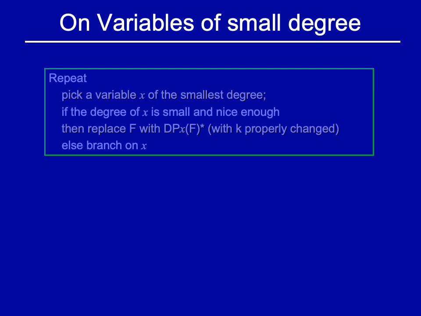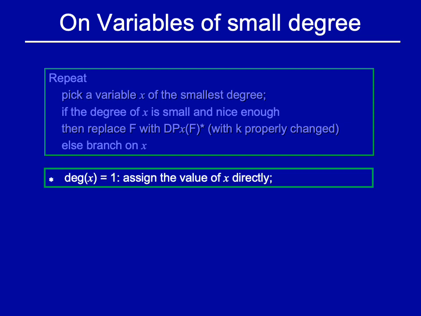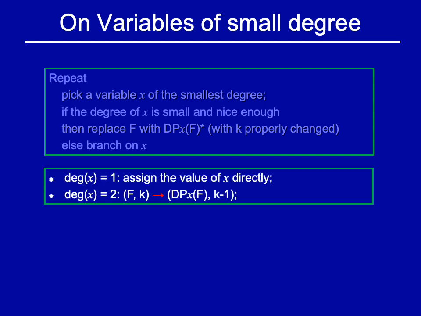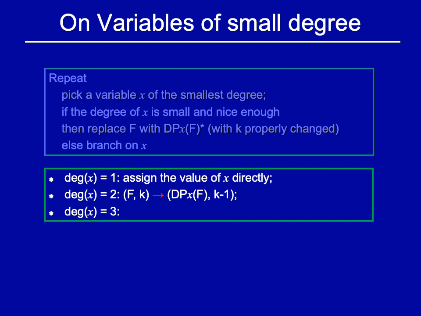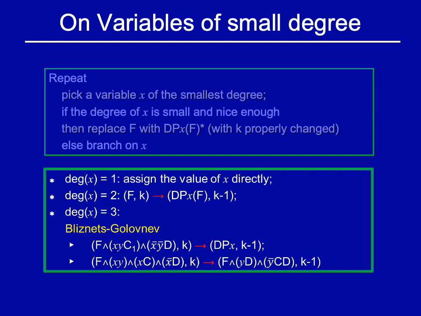So now first let's look at the case where the variables have small degrees. Degree 1, we can handle directly. Degree 2, we can apply resolution directly. And degree 3, there are some known results for this.